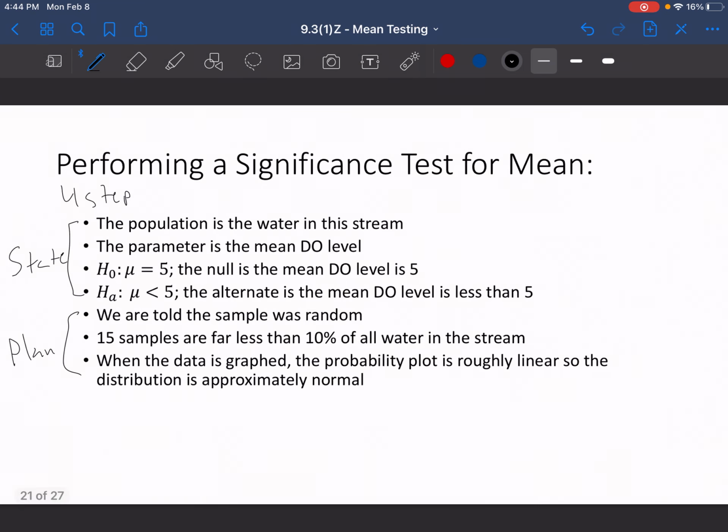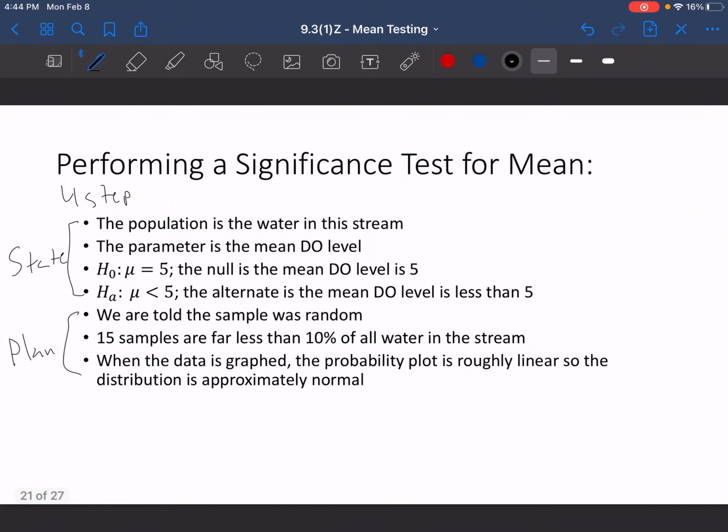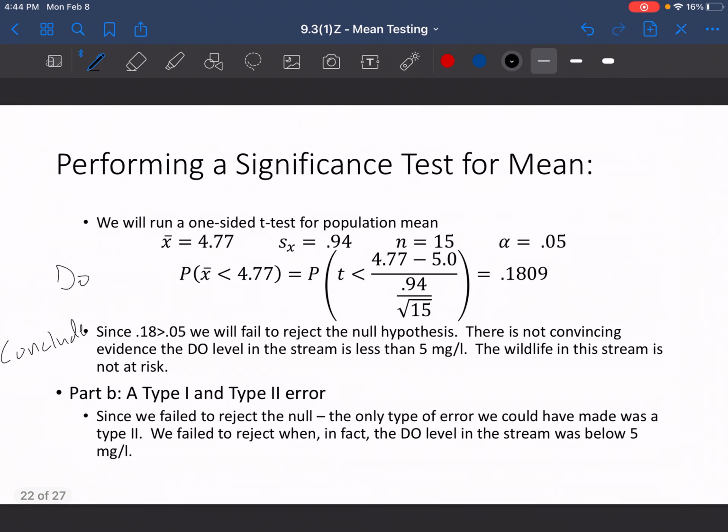Now, the second part of the problem asks, given your conclusion to part A, which kind of mistake, a type 1 error or a type 2 error, could you have made? Explain what this mistake would mean in context. Well, because we failed to reject the null hypothesis, really the only type of error that we could have made would have been a type 2 error.